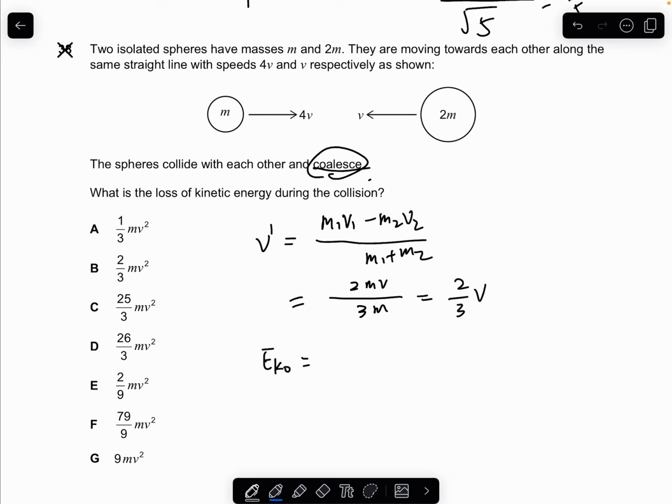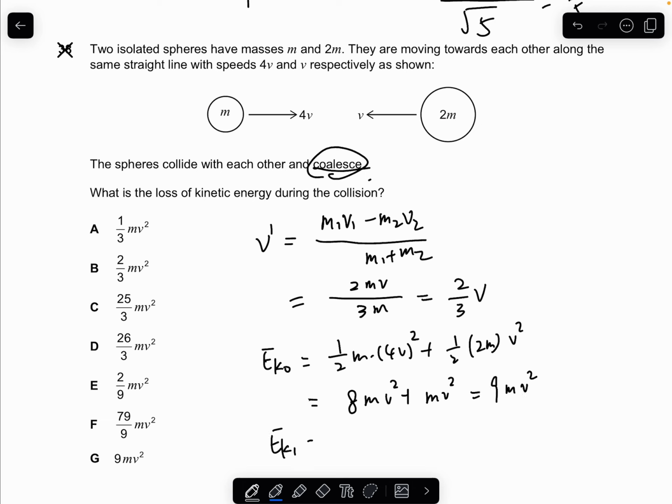EK, they're all equal, this is 8. EK1, okay.